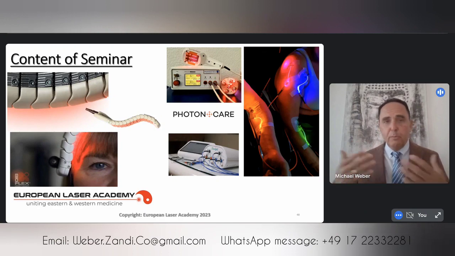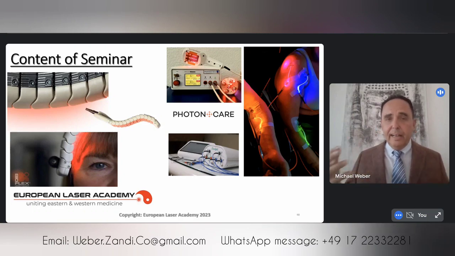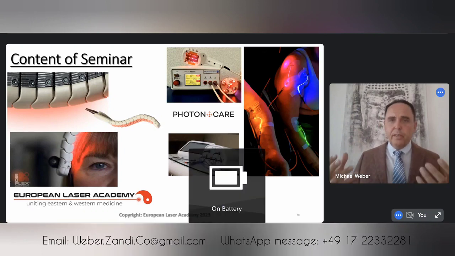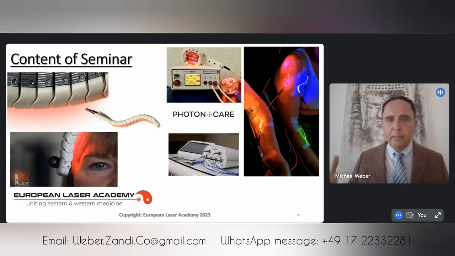So anti-inflammatory, the blue light, anti-aging effects, the blue light, enhancing oxygen uptake, green light, regenerative effects using the yellow light, and most important, probably, boosting ATP production, which is best done by visible red or non-visible near-infrared light.